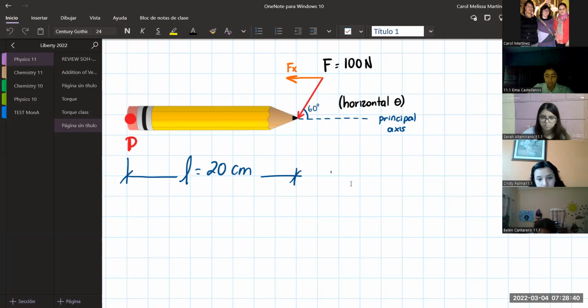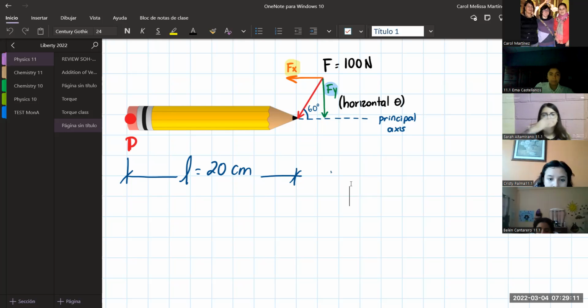And as you said, this one is coming down. Question. Which one of the two, Fx or Fy, is gonna be able to rotate the object? Only one component makes the rotation.